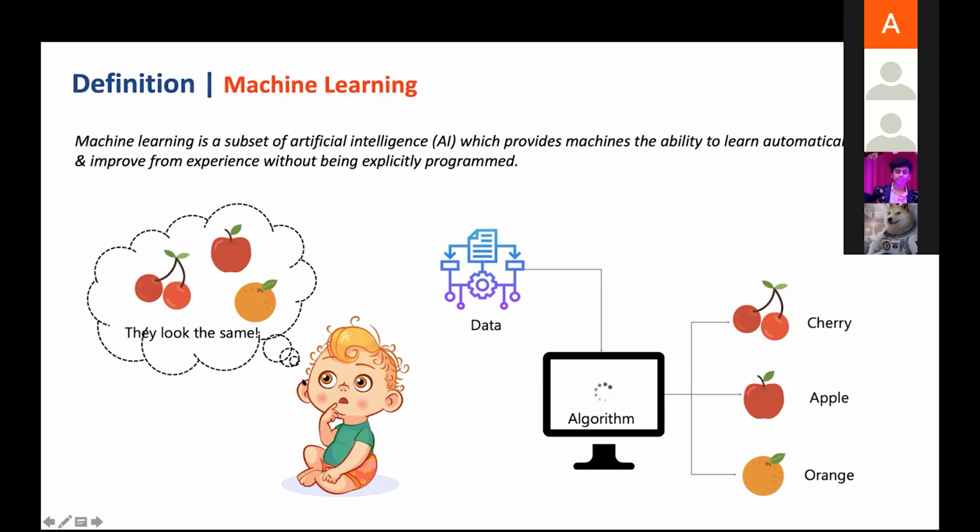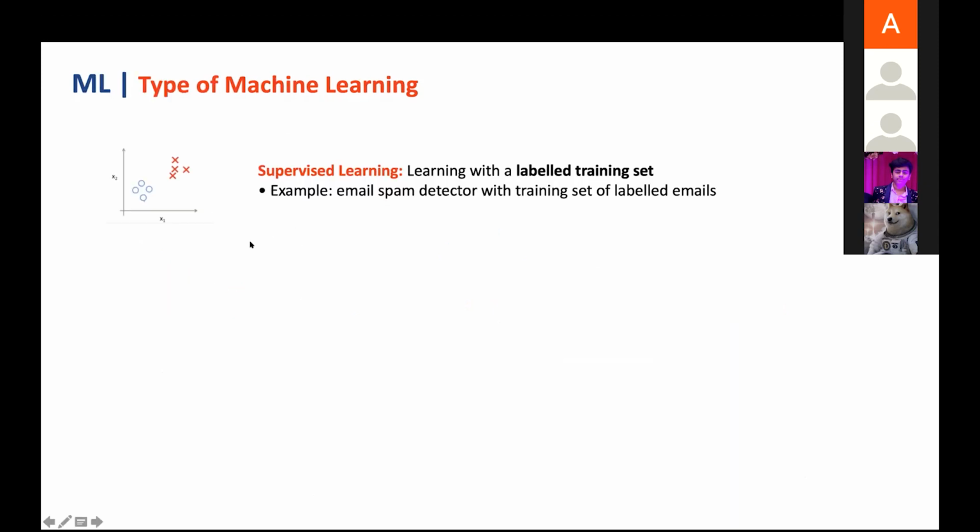The child is supervised by his parents, brothers, sisters, or maybe teachers. After that, he is learning. In the same way, we supervise our machine to learn that this is apple, orange, and cherry. So this is supervised learning.